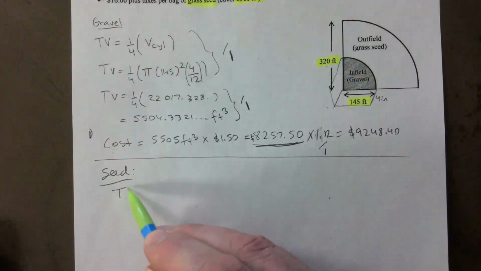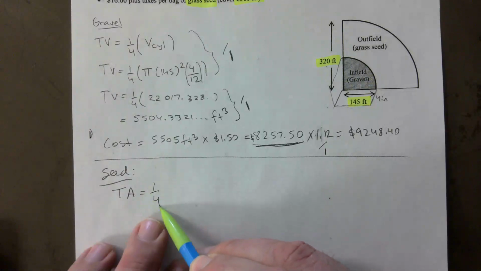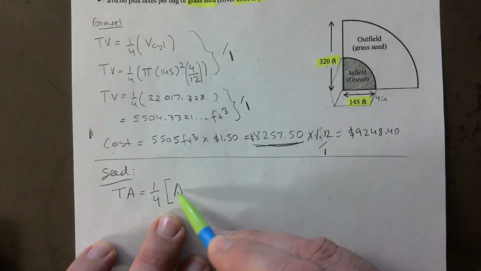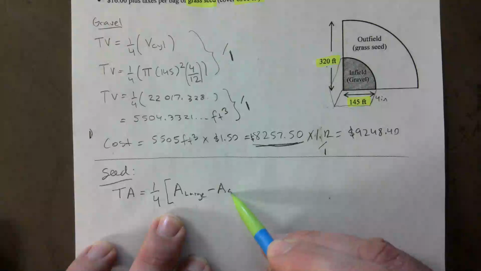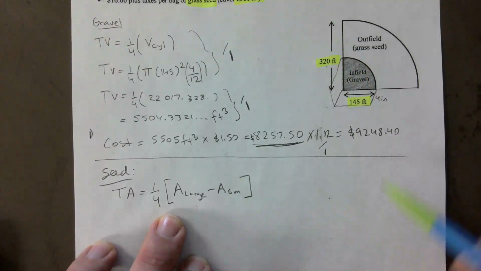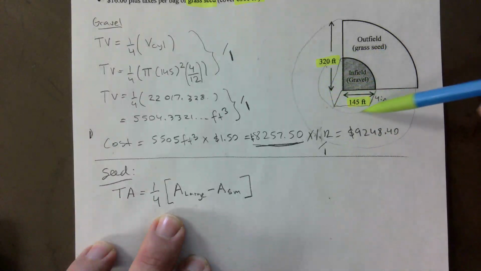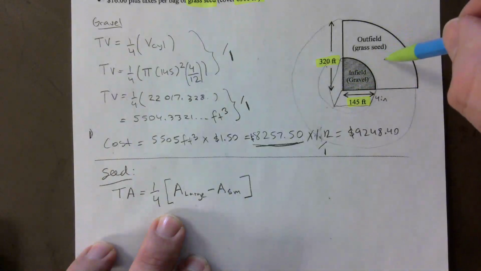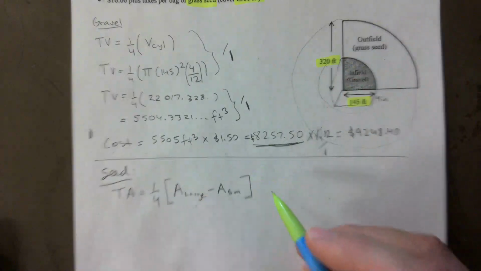So total area is going to be, don't forget about the quarter, area large minus area small. You do whatever works for you, okay? I'm pretending there's a big circle and a small one here. I'm gonna subtract the small one from the large one, and then I will quarter it to be left with this.